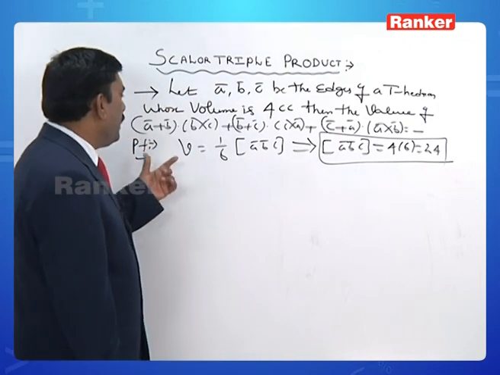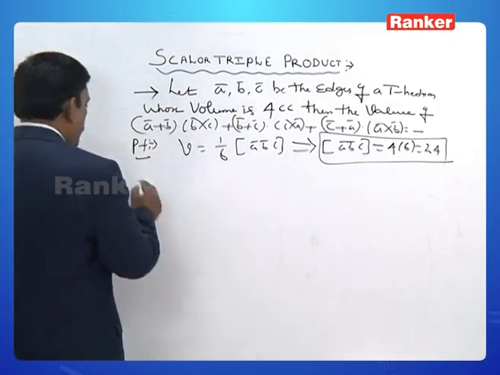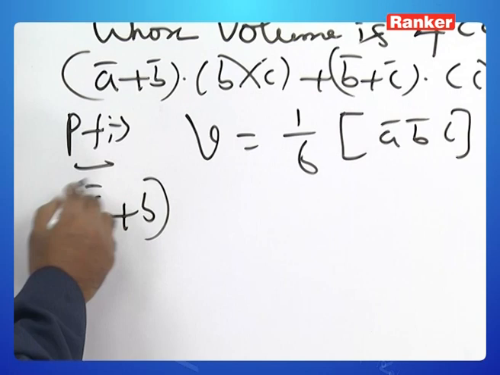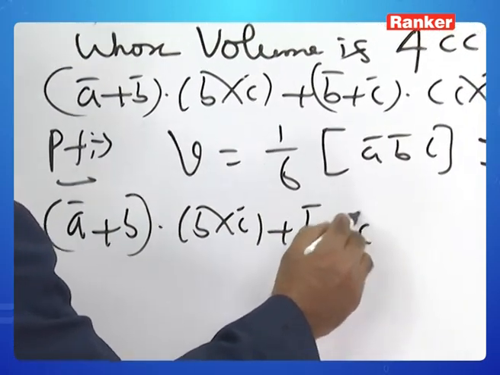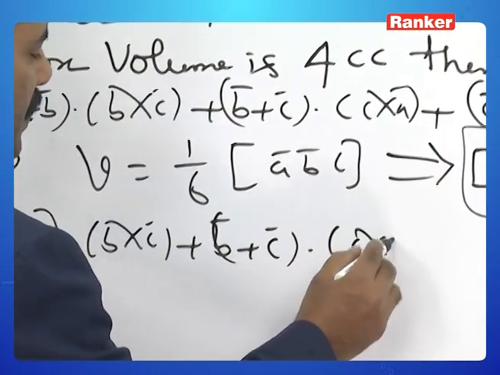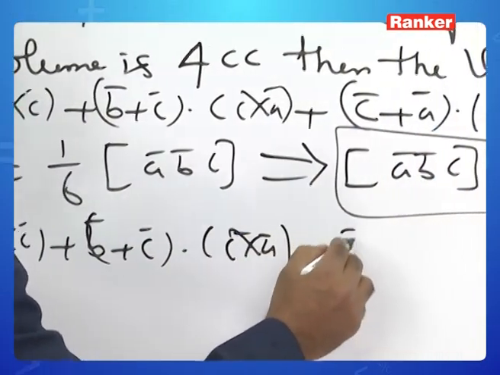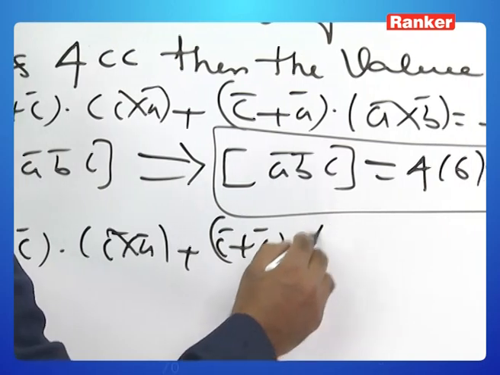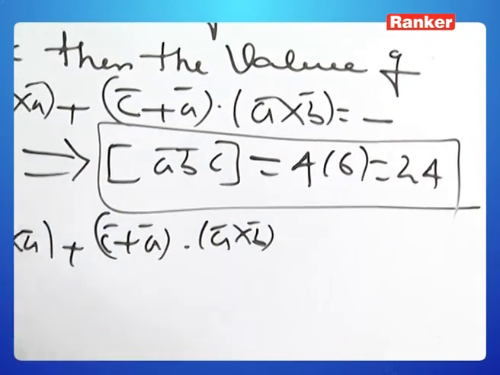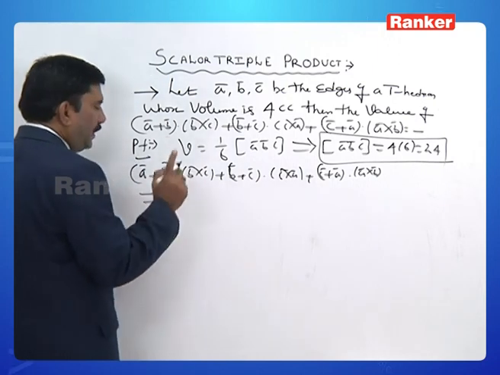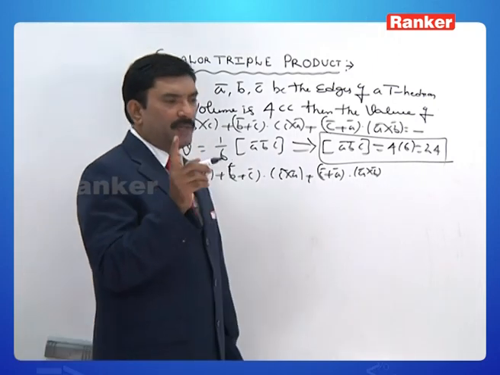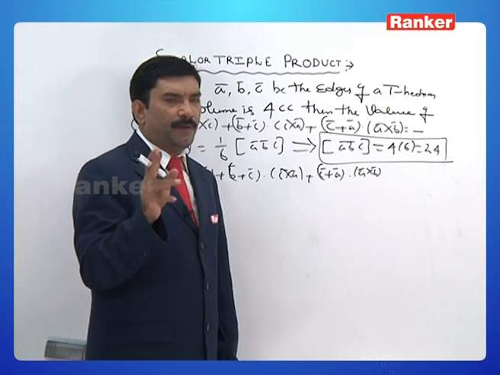Now let us find out the value of this: (A bar plus B bar) dot (B bar cross C bar), (B bar plus C bar) dot (C bar cross A bar), (C bar plus A bar) dot (A bar cross B bar). Now you take the dot product of A with this one. In a scalar triple product, before expansion, one must be aware of what?